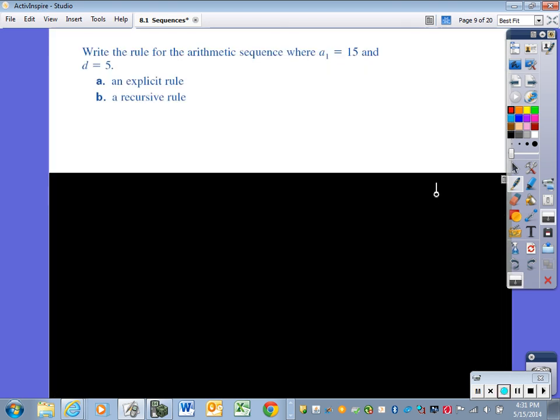How about this situation? Write the rule for the arithmetic sequence where a sub 1 is 15 and the difference is 5. Explicit. Let's see what's happening. First term is 15. Difference of 5 means adding 5 gives me the second term.